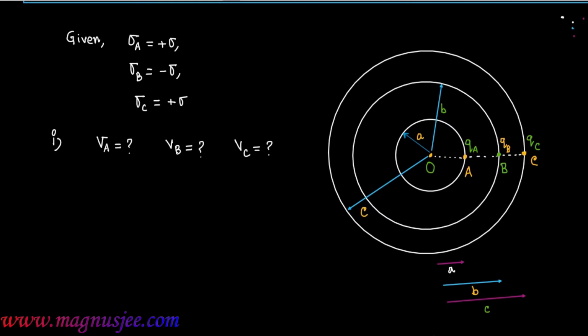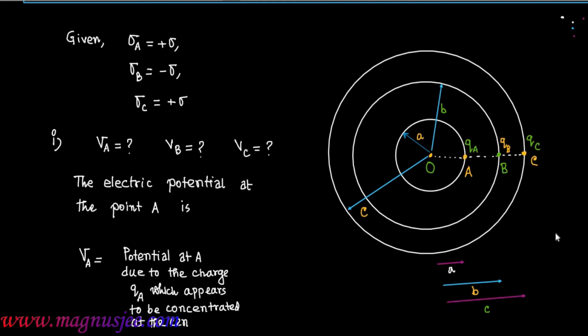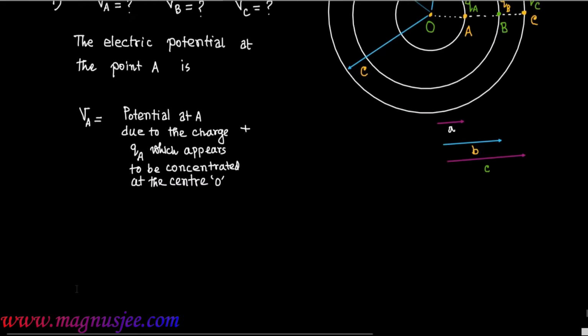VA is the electric potential of the shell A, VB is the electric potential of the shell B, and VC is the electric potential of the shell C. So here the electric potential at the point A of the shell A is VA equals the potential at the point A due to the charge QA on the surface of the shell A, which appears to be concentrated at the center O of the shell.